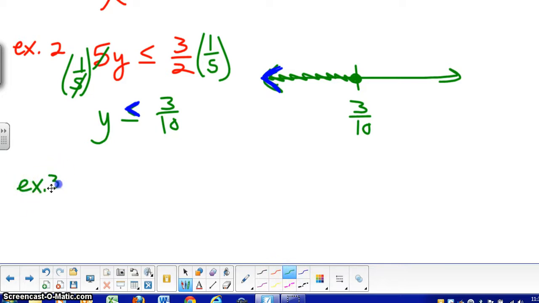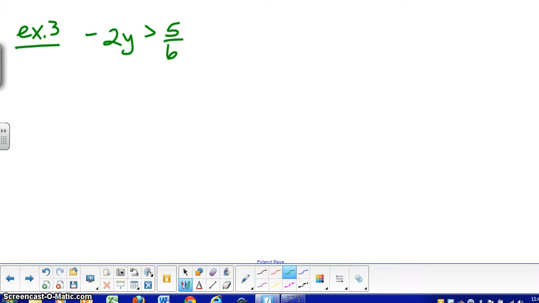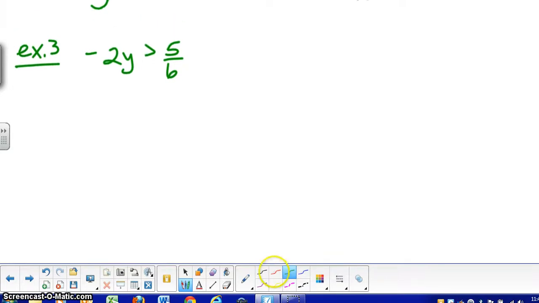All right, example 3, I want you to go ahead and push pause and try it on your own. -2y greater than 5/6. Okay, so when you are done, hopefully it looks like this. You have a -1/2 multiplied by both sides.